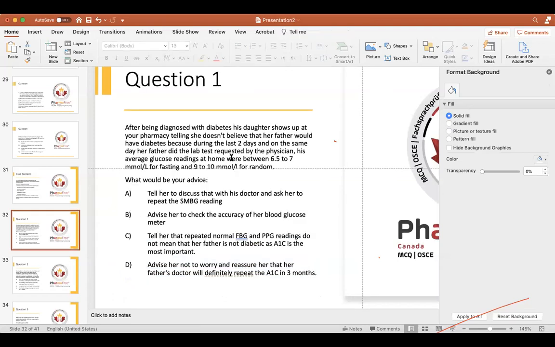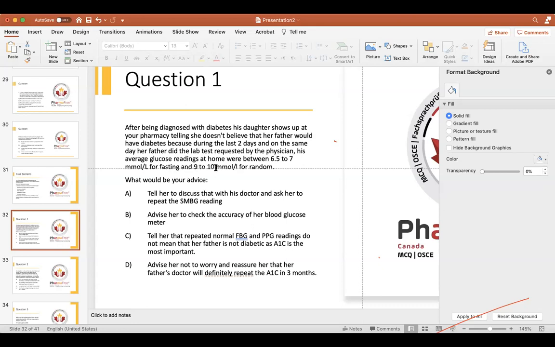Question number 1. After being diagnosed with diabetes, his daughter shows up at your pharmacy telling you she doesn't believe that her father has diabetes, because during the last 2 days and on the same day he did the lab work requested by the physician, his average glucose readings at home were between 6.5 to 7 for the fasting, and for the random it was 9 to 10.